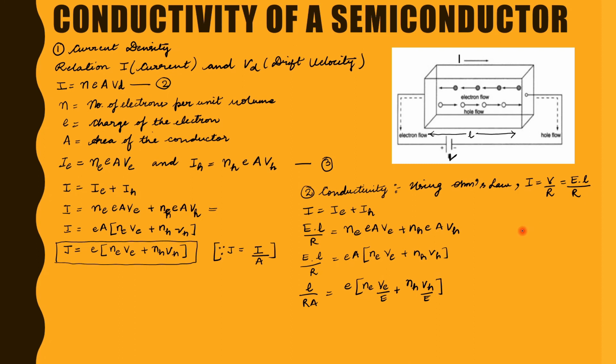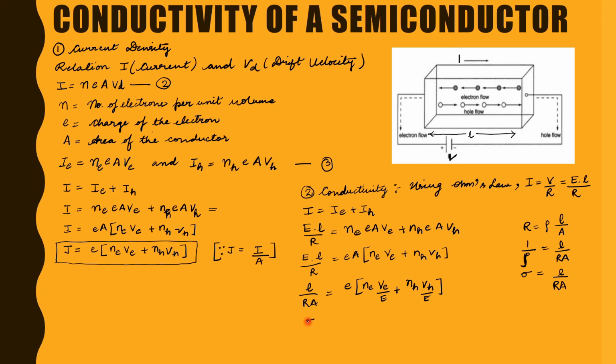So why have we done this? We know that resistance is equal to rho L by A, right? So if we take rho to our left side and R to this side, we get 1 by rho is equal to L by RA, which is our left hand side, and 1 by rho is our sigma, that is the conductivity, equal to L by RA.